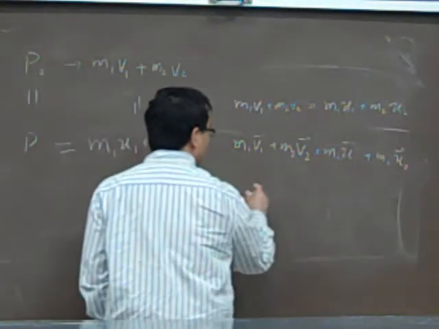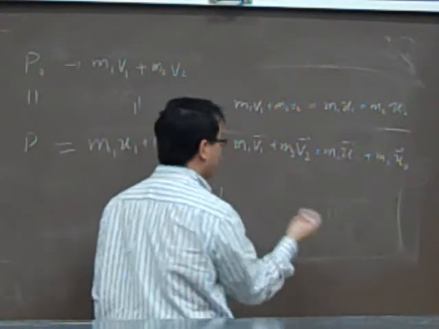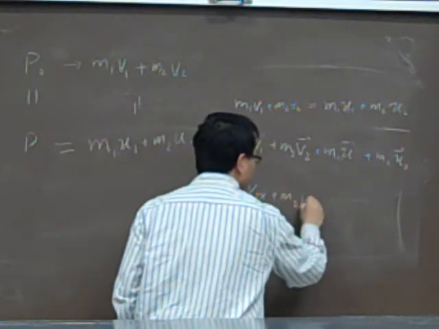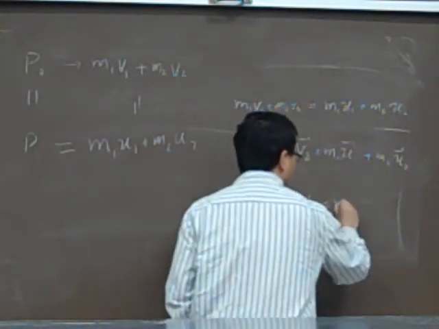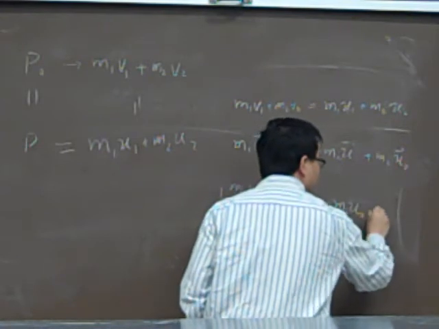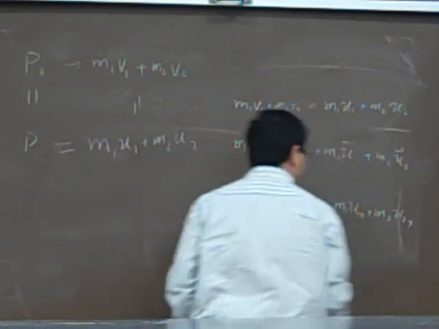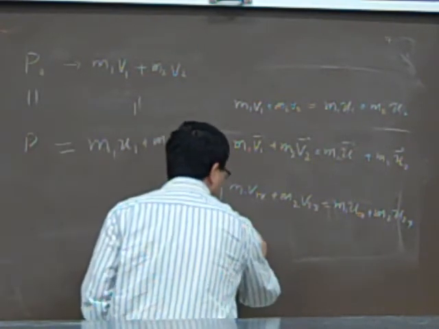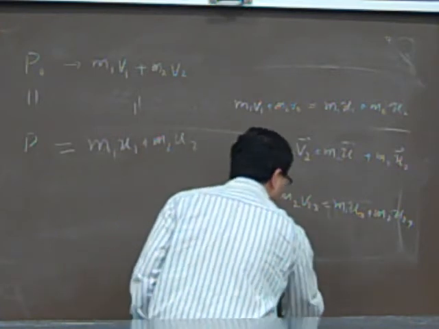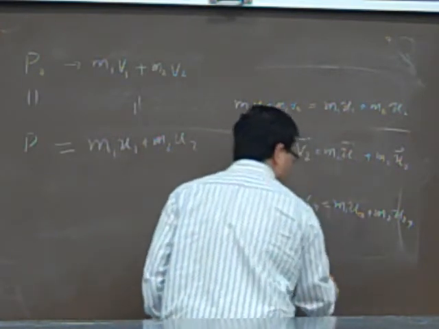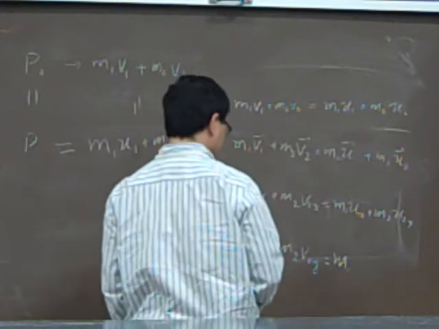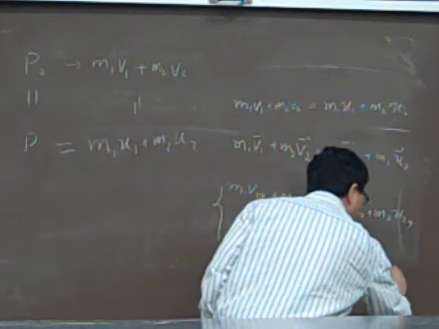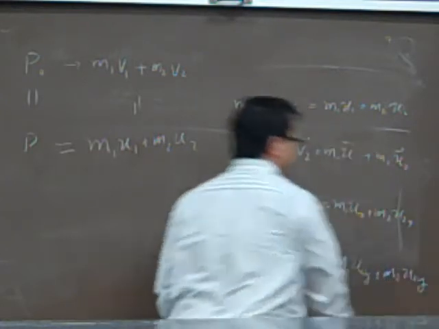So here, this becomes two scalar equations. m1 v1x plus m2 v2x equals m1 u1x plus m2 u2x. This is m1 v1y plus m2 v2y equals m1 u1y plus m2 u2y. Okay?